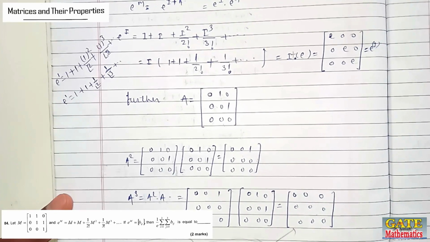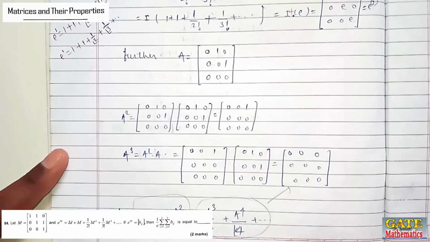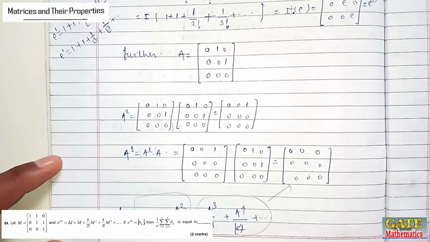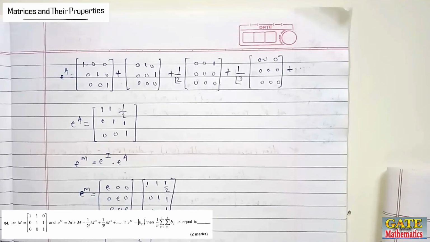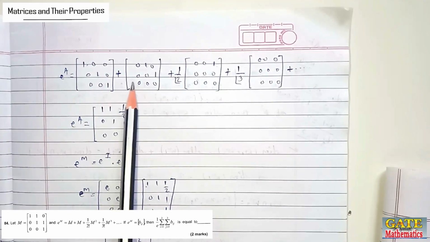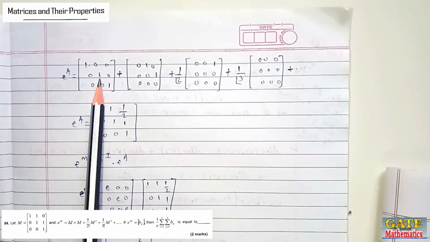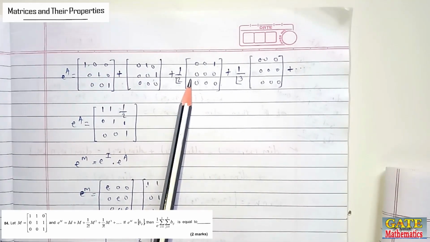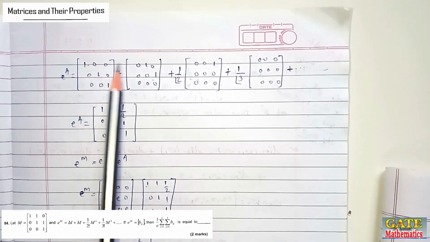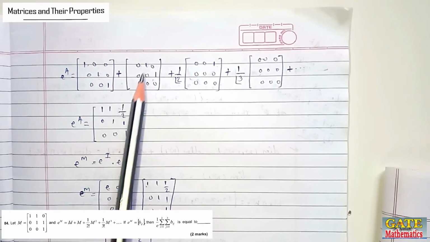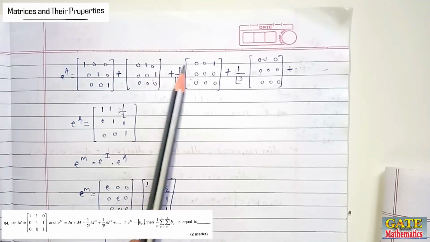Now let us solve this first part over here, and then we'll figure out how the values are coming. As I explained earlier, these terms look like this: 1 plus A square by 2 factorial plus another term 0. So add their corresponding elements: 1 plus 0 is 1, 0 plus 1 is 1, 0 plus 0 plus 1.